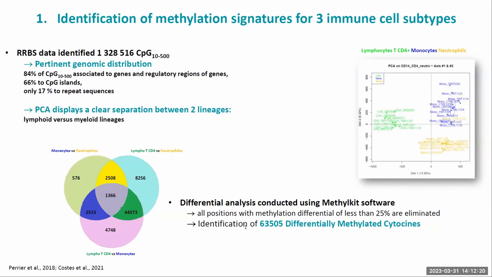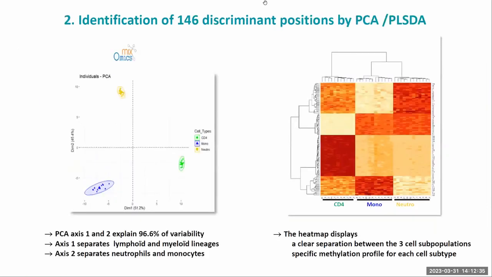In this way, 6,300 differentially methylated cytosines were identified and used to conduct PCA or PLS-DA selection to identify the most discriminant positions.